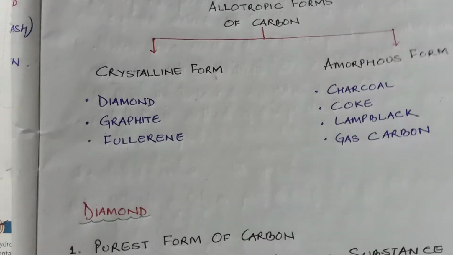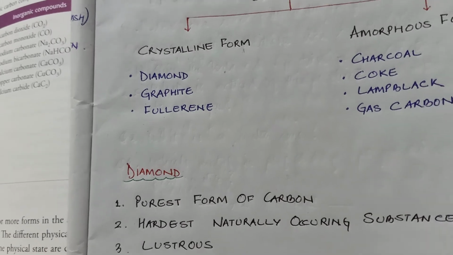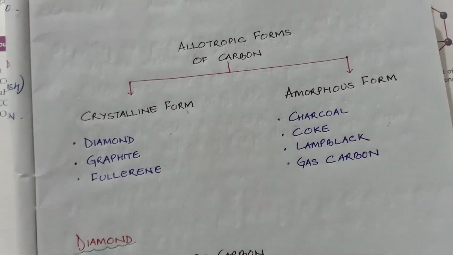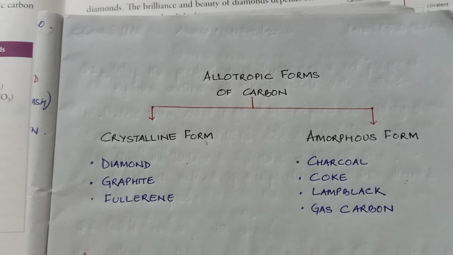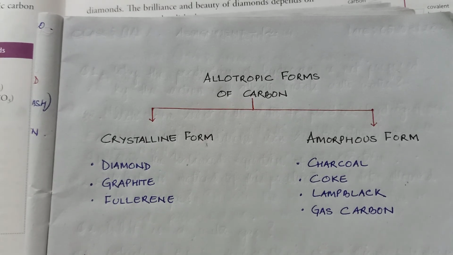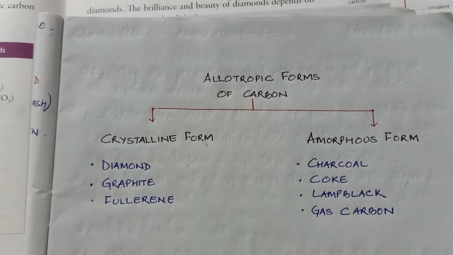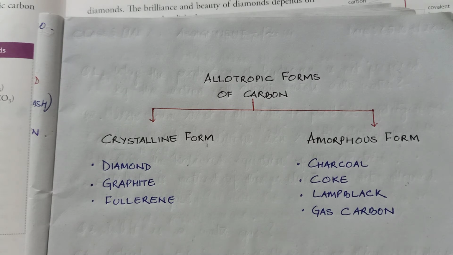Now let us try to understand what we mean by crystalline form and amorphous form. Crystalline form means they exist in a regular, definite shape. Their structures are not irregular, they have a very regular structure.